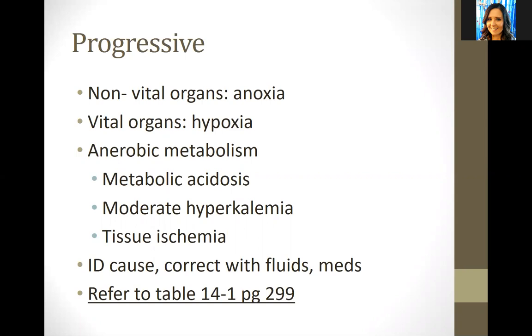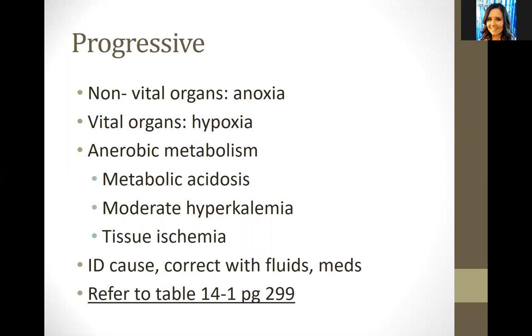So we have no oxygen, so anaerobic metabolism again causes that metabolic acidosis. You're going to see a moderate hyperkalemia. So that potassium is going to be above 5. You're going to have tissue ischemia.